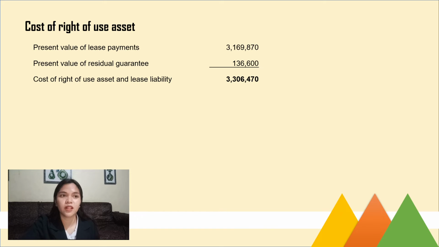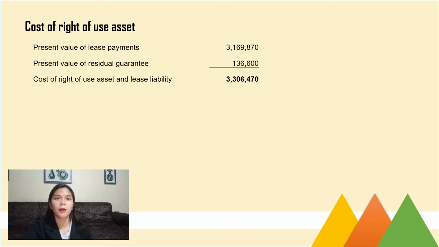So, 3,169,870 plus 136,600 is equal to 3,306,470, the cost of right of use asset and lease liability.